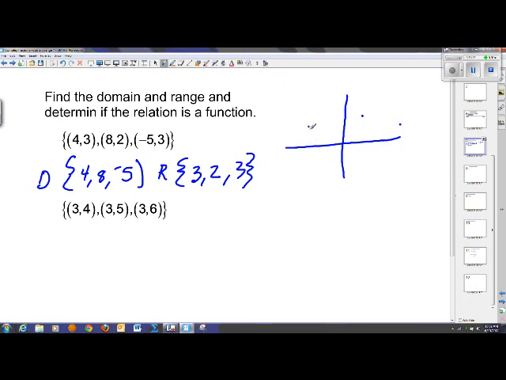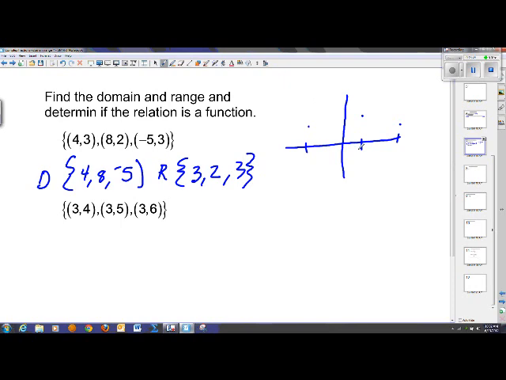So the definition of a function says that for every x, there is only one y. So if I look at each of these x values, negative 5, 4, and 8, is there only one y value associated with it? Yes.